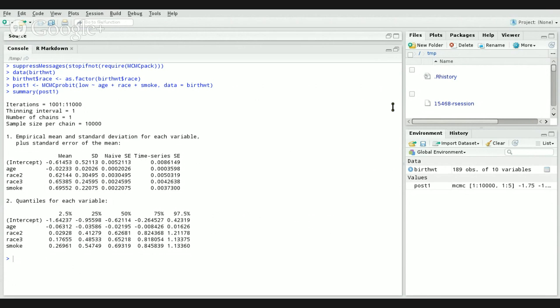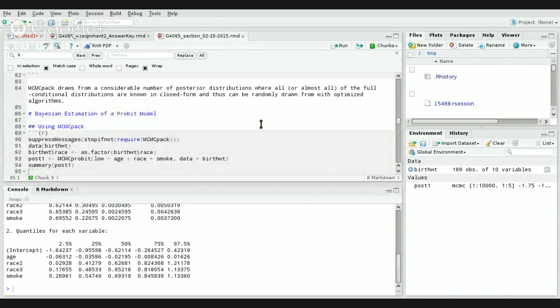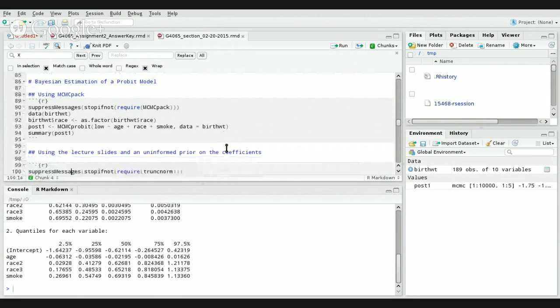So that is pretty straightforward. Don't worry about this naive SE and time series SE stuff yet. We'll get to that in a later week. And in a model like this, those things are so small as to be negligible. So that's what we have.